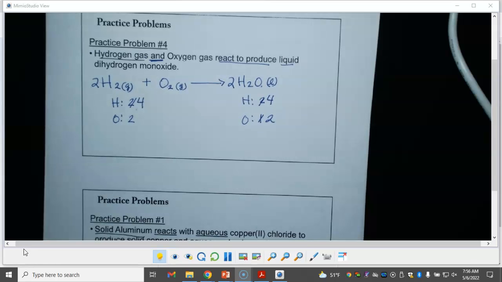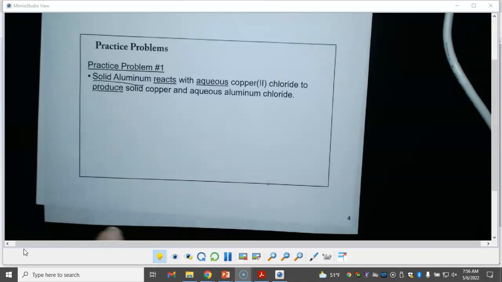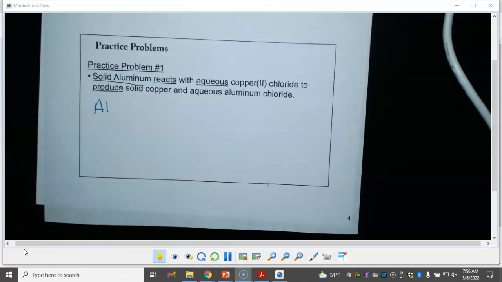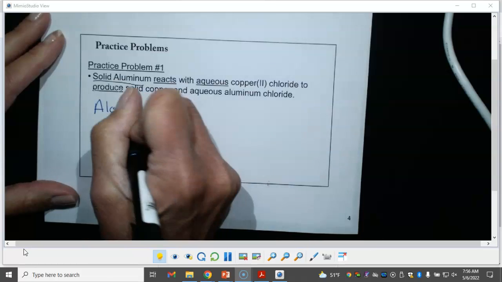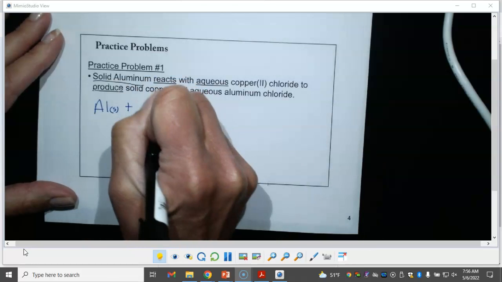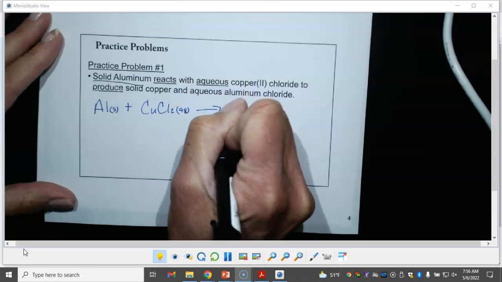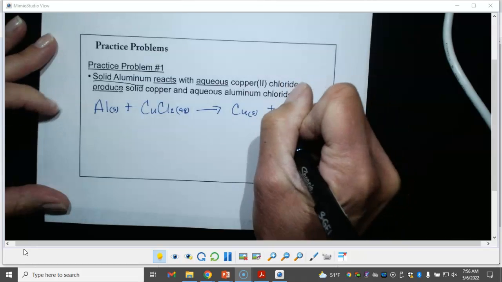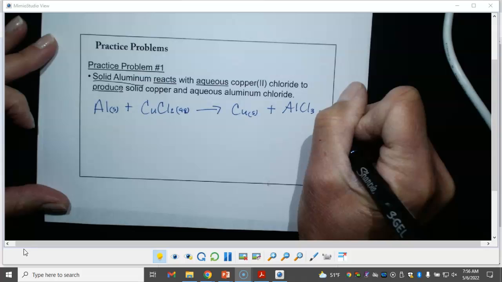Let's go to one that we did 2 days ago. Okay? You guys should have this one, solid aluminum. So look back in your notes. You had solid aluminum reacts with aqueous copper 2 chloride to produce solid copper and aqueous AlCl3.